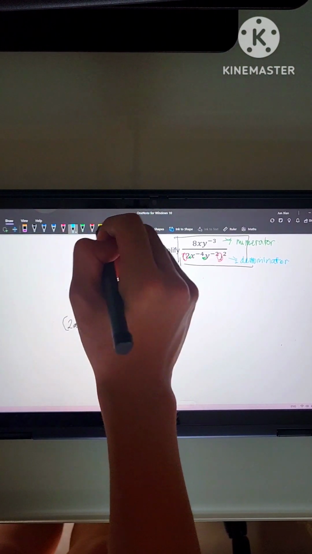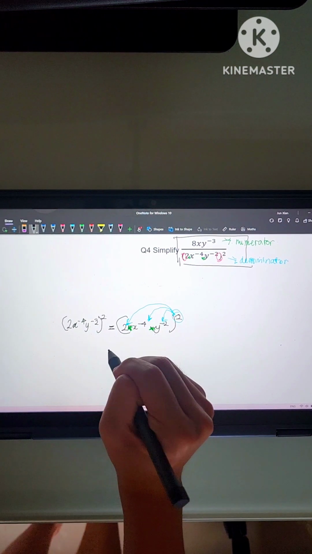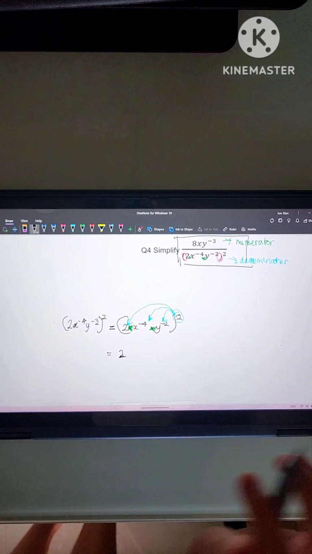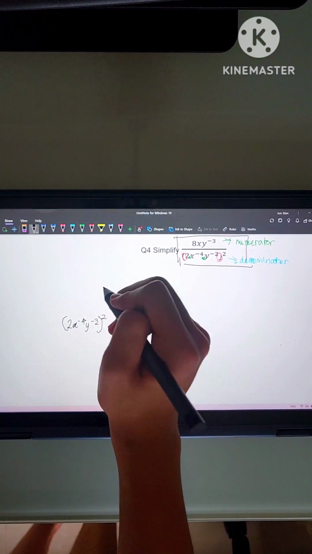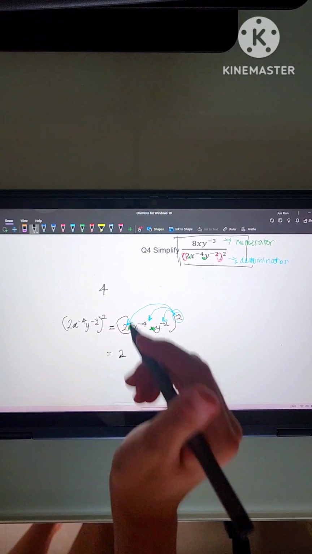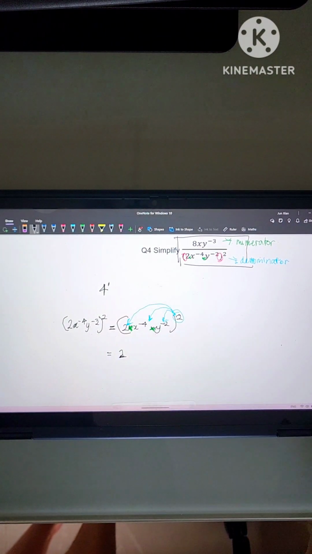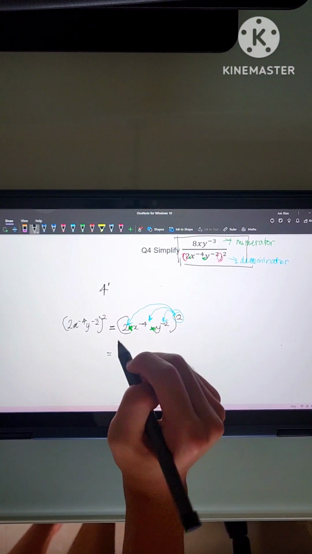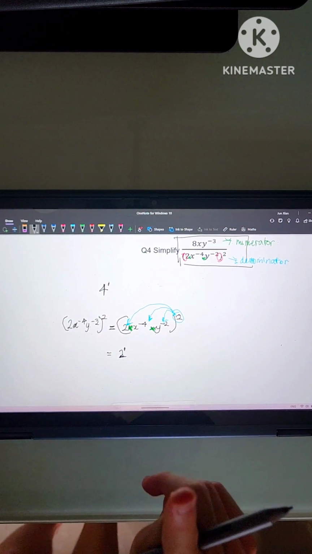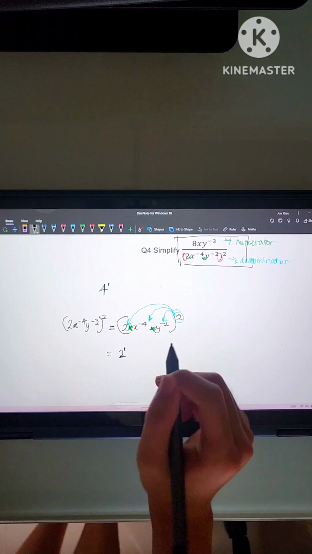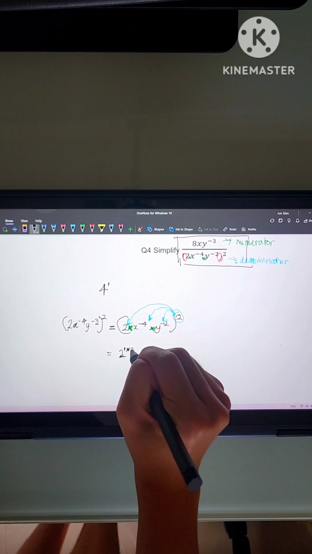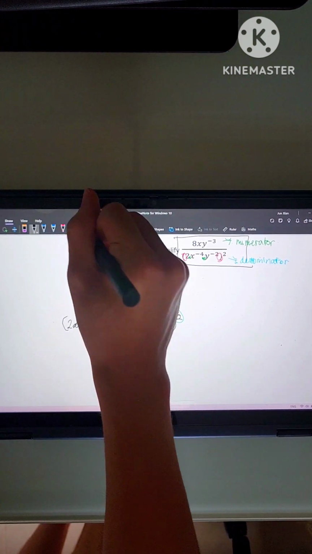Let's break this down even more. Any number is in fact to the power of 1. So if I give you the number 4, 4 is actually 4 to the power of 1. So 2 is actually 2 to the power of 1, but we multiply, not add, the powers.